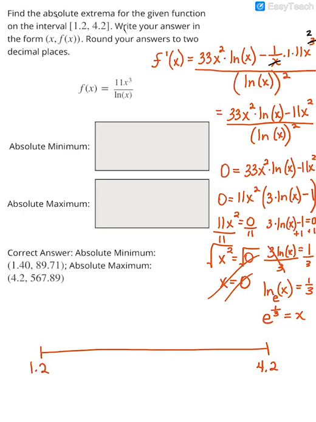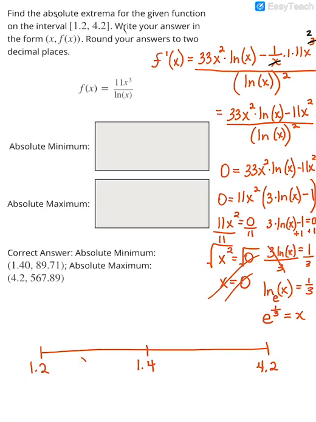On my calculator, I'm doing e to the power of 1/3, and that is approximately 1.4, since they're only going to one decimal place. Okay, so now I will test my endpoints, as well as I will test on both sides here.